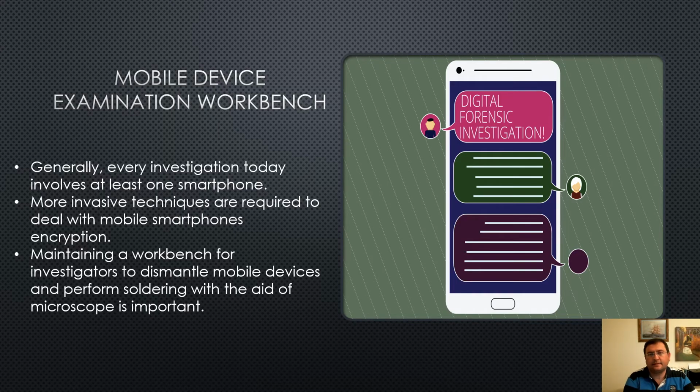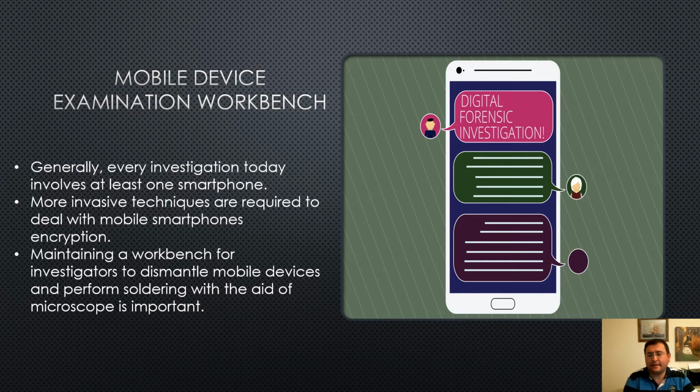Another thing that's needed for a forensic laboratory is a mobile device examination workbench. Generally, every investigation today involves at least one smartphone. As we all use smartphones, it's very likely that the forensic lab has to deal with mobile digital evidence.